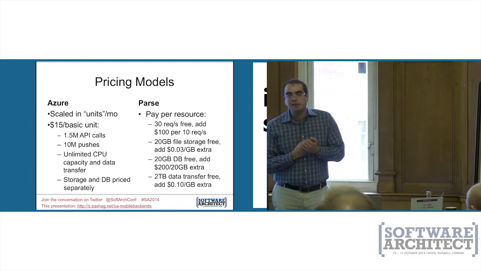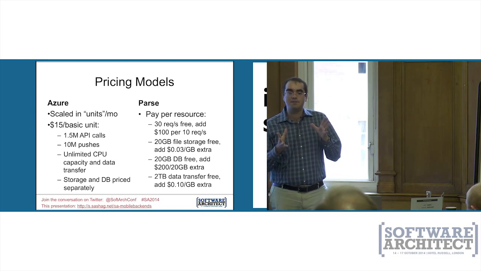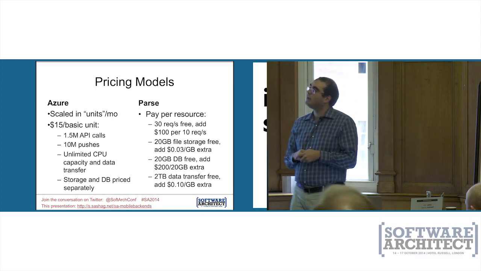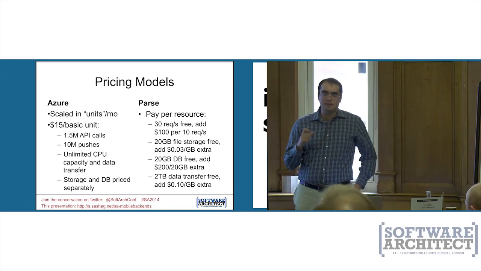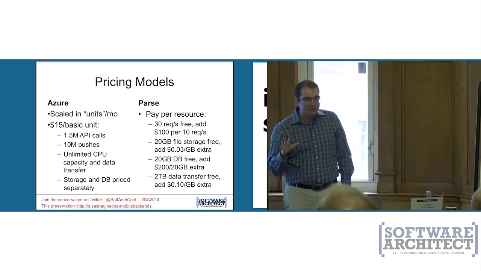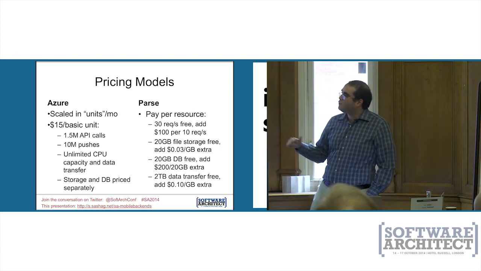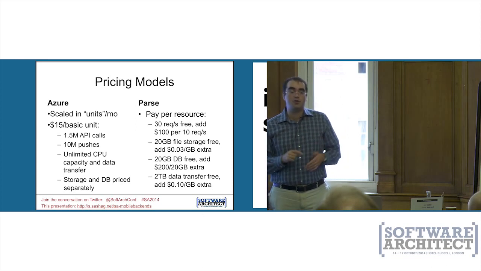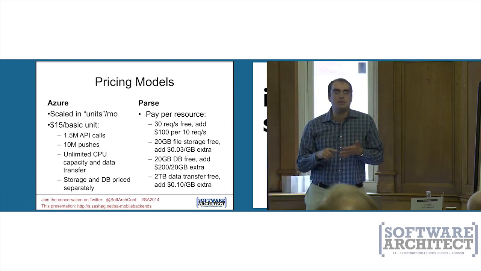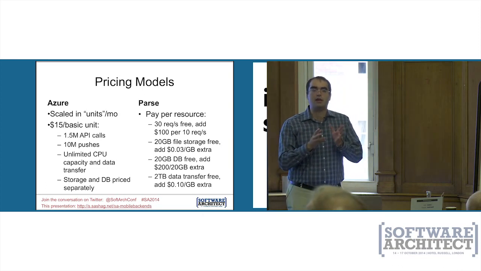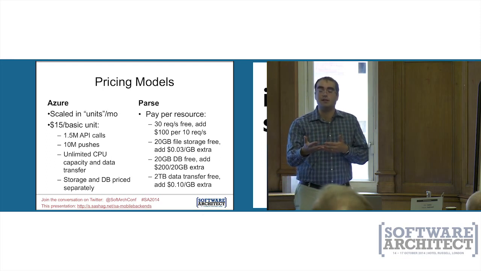The Azure pricing is in so-called units, and you have to pay for a whole unit. You can't pay for less than a unit. And the single unit of the simplest kind costs $15 a month. And for $15 a month, you get 1.5 million API calls, which can be data queries, requests to send push notifications, essentially any interaction with the mobile service itself.